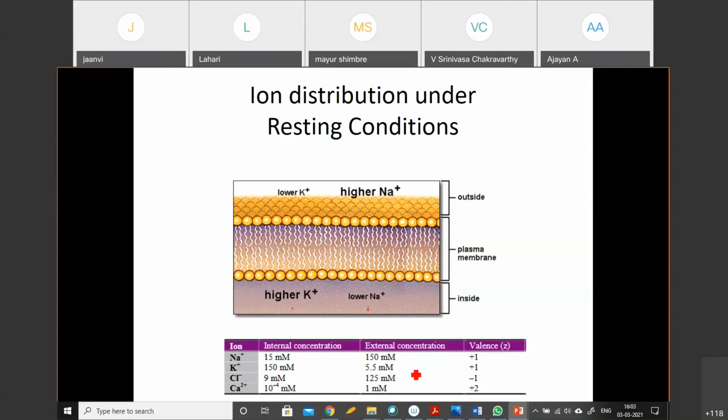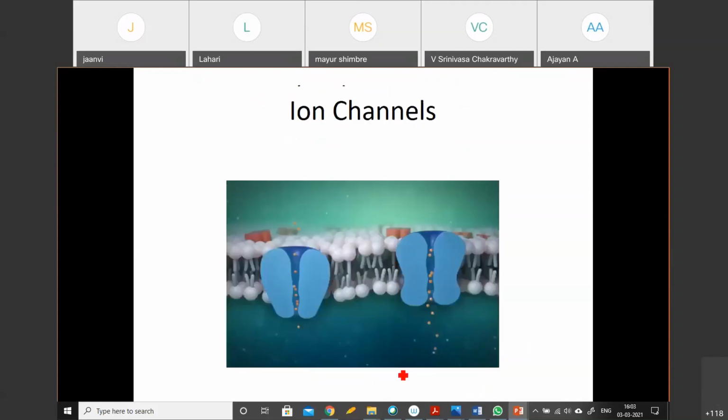Now there are special molecules, and those of you who are in biotech would have learned all this in some cell biology or molecular biology course. But for others, I would imagine these things are somewhat new. These special molecules are actually proteins which form a pore through which ions can flow between the inside and outside of the cell.